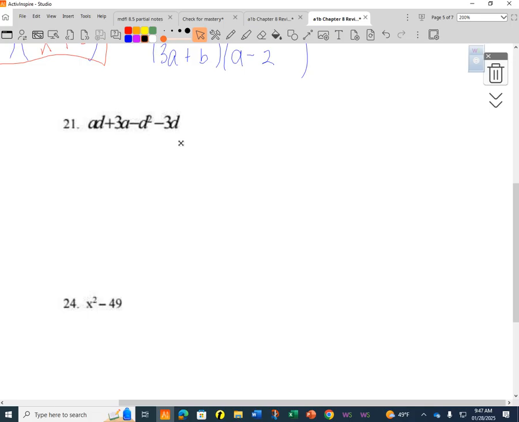But when you're doing it in your head, it's a little bit quicker. You're just running through this stuff really fast once you learn the steps, right? So what we always have to check is if there's a greatest common factor. There's not. There's an A in both of these, but not here. There's a 3 in both of those, but not there. There's a D in these two, but not in these two. So there is no greatest common factor.